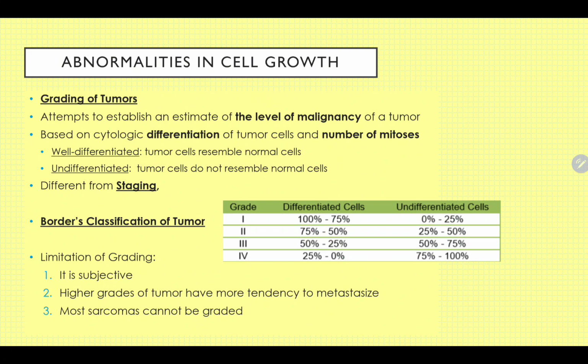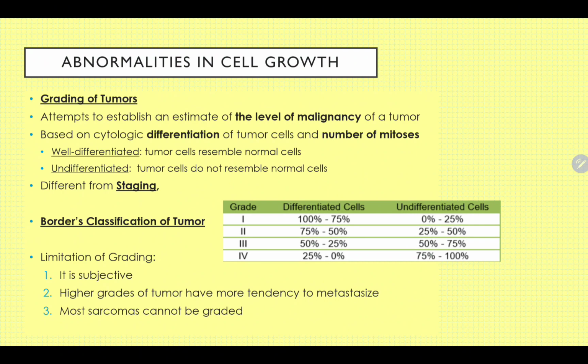When you talk about well-differentiated, guys, these are tumor cells that resemble the normal cells. Undifferentiated is the more serious one, because the tumor cell does not resemble normal cells at all. Meaning you can really see that it is a different lineage of cells.